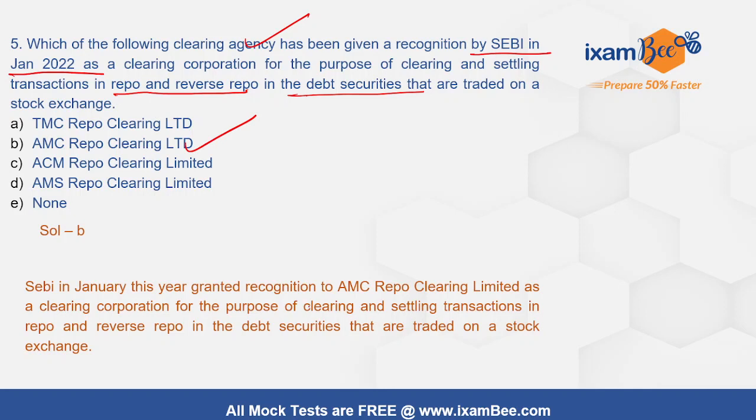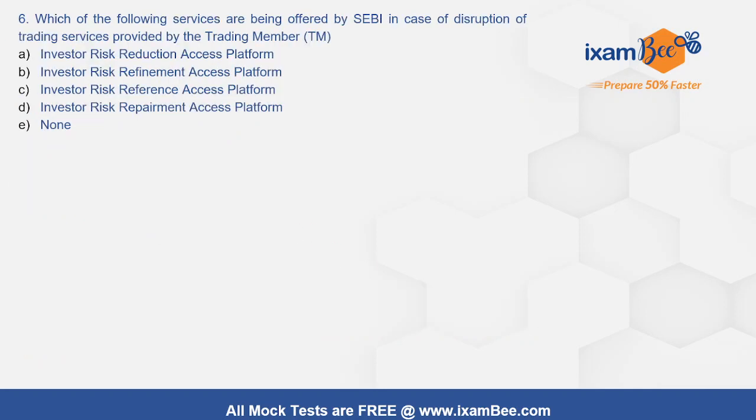So SEBI gave recognition to this clearing agency for undertaking repo and reverse repo transactions in debt securities traded on stock exchanges. This circular is in continuation of the previous circular, so whatever is asked for clearing corporations, like the standard operating procedure, will apply to AMC also.